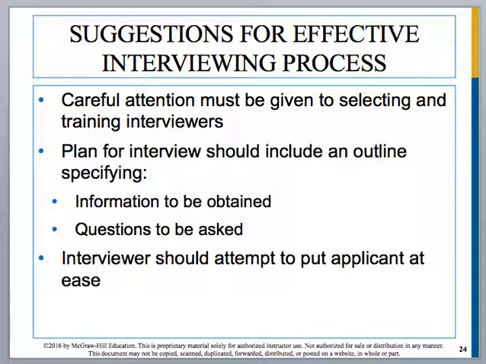So here's how you can have an effective interview process. Be careful to pay attention to what is being said, so that you are not focusing on appearances and things like that. You're not letting your biases and prejudice come in, but you're also making sure that careful attention is given to selecting and training interviewers.